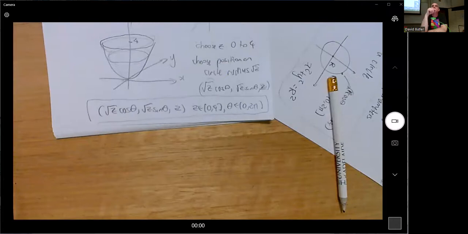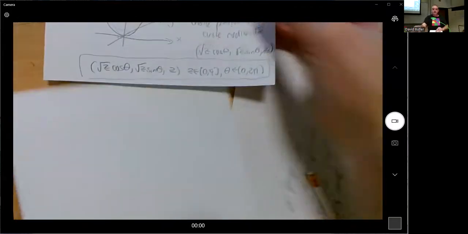If I didn't want those square roots in there, I could have called t root z, and then z would have been t squared, and I could have done t from 0 to 2, I guess. And that would have worked too. But I didn't know that until after the fact. So, yeah. I'm going to write that down though, because I did say it.